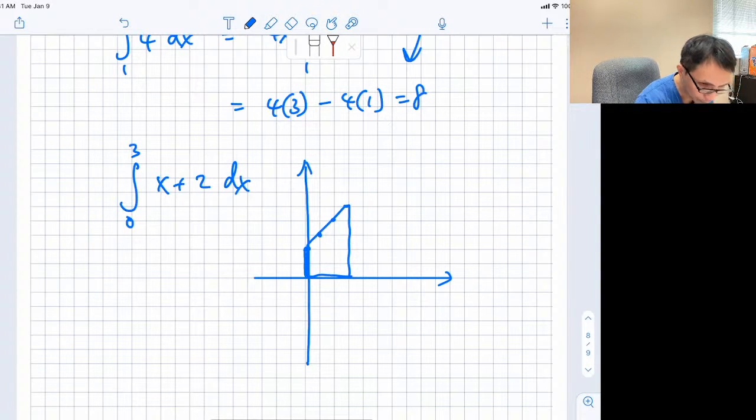You have a box at the bottom from 0 to 3, then you have that 6, right? And then you have a triangle, 1/2 base times height. It's 3 high, so if you add it up, the whole thing is 9.